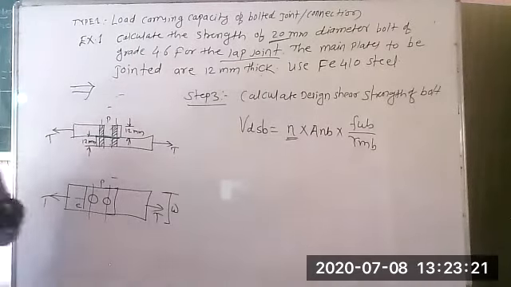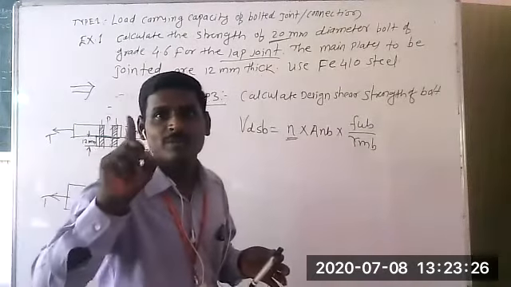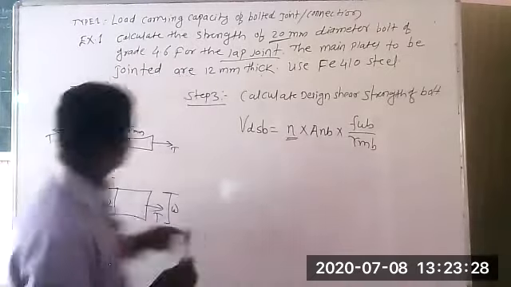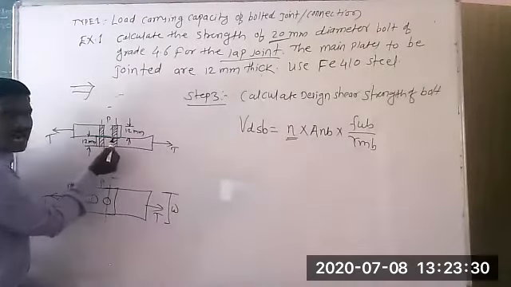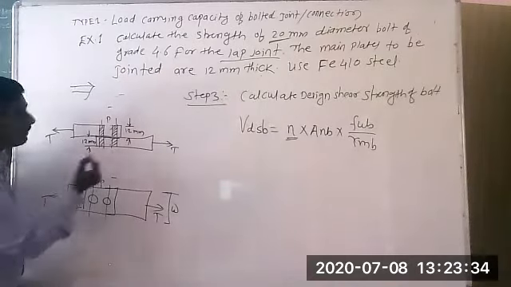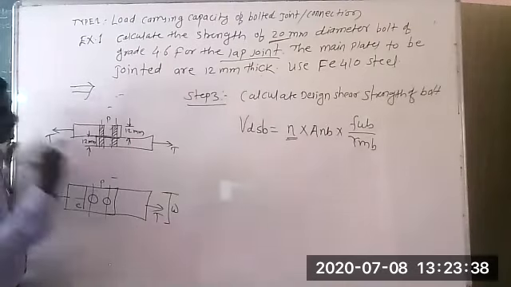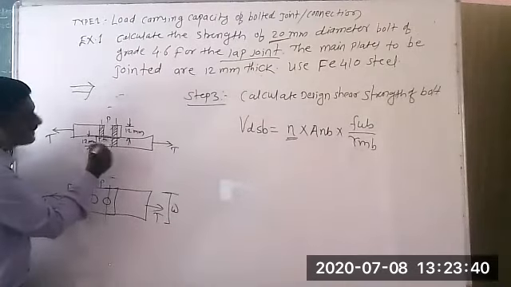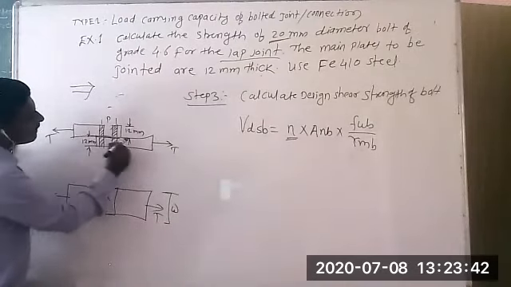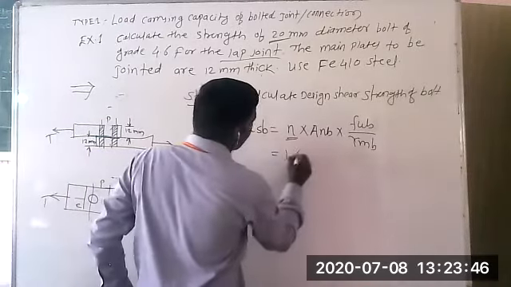So here the number of shear planes is 1. The bolts will fail in only one plane, and that plane is the face of the two plates. So N is 1.